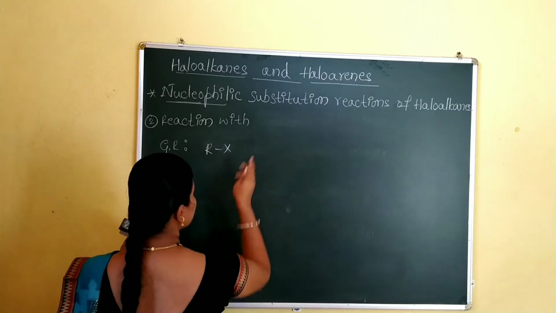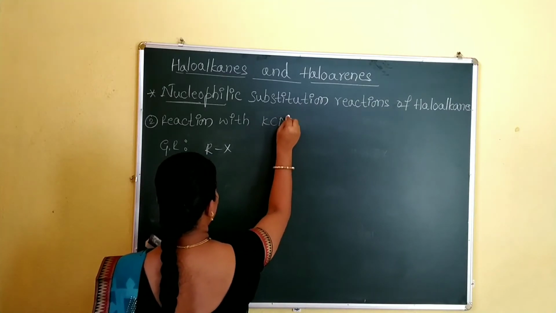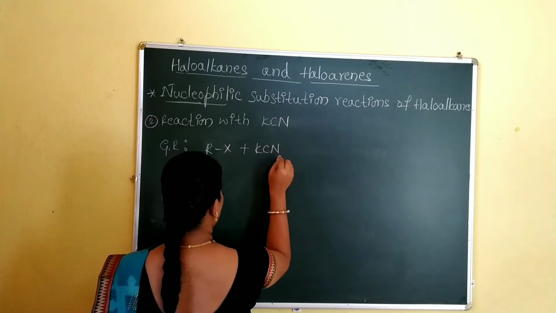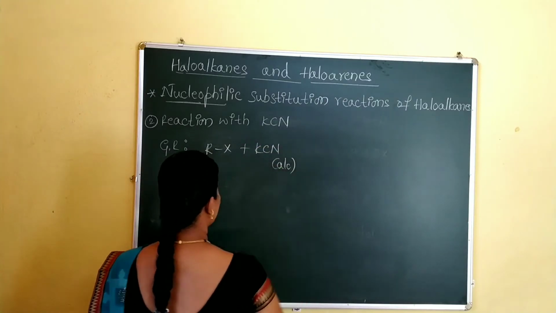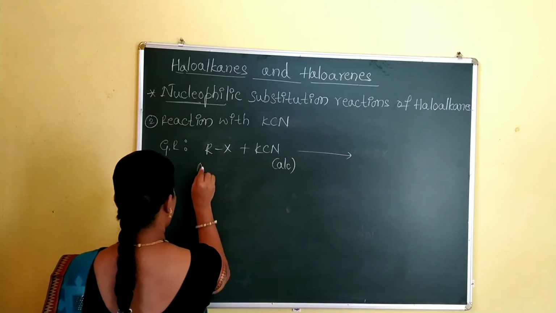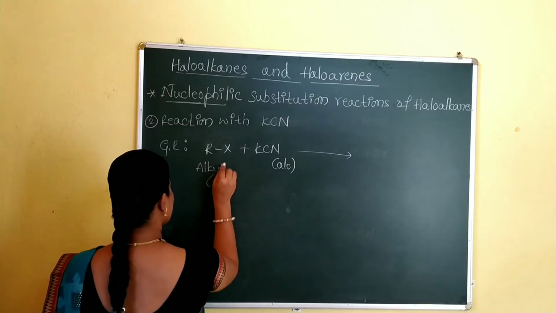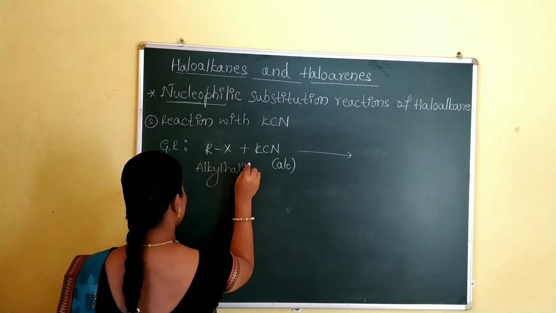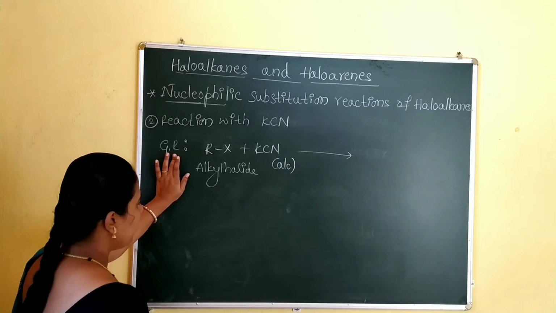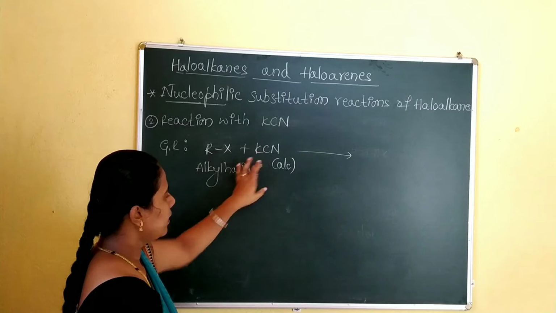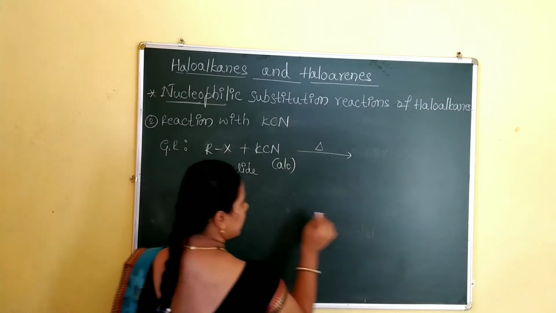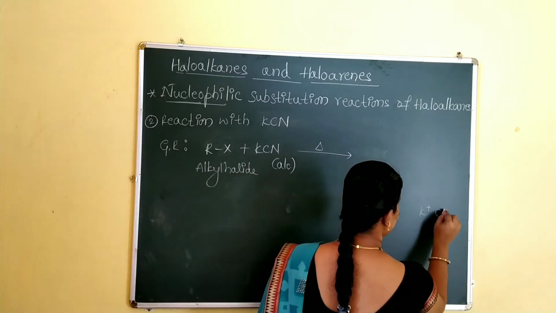Next one is reaction with KCN, potassium cyanide. Reaction with alcoholic KCN. See here, this is the general reaction I am writing. When an alkyl halide is heated with alcoholic potassium cyanide, it contains K plus and CN minus.